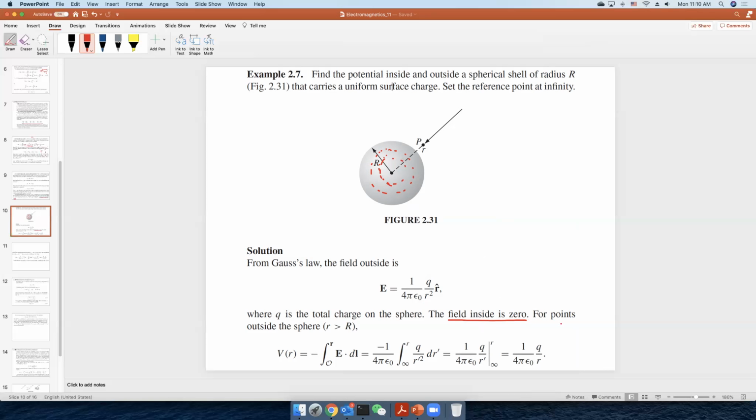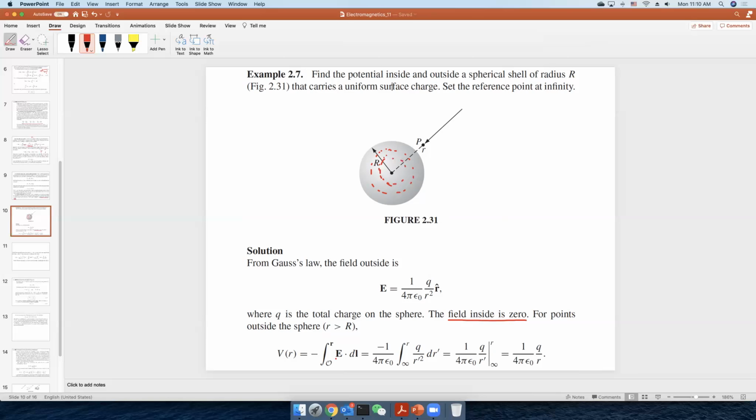Now, first, let's calculate the potential at a point outside the sphere. Outside the sphere, V equals negative the line integral of E, and we set the reference to be infinity. So it's infinity to r, E dot dl.